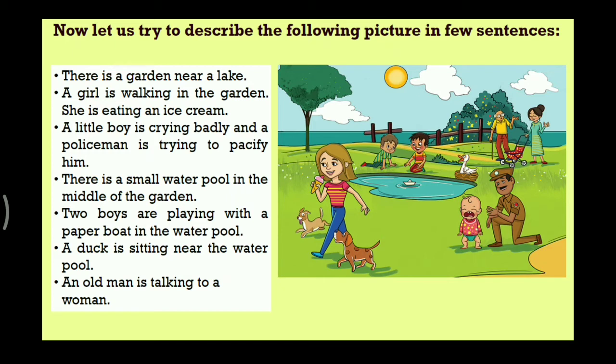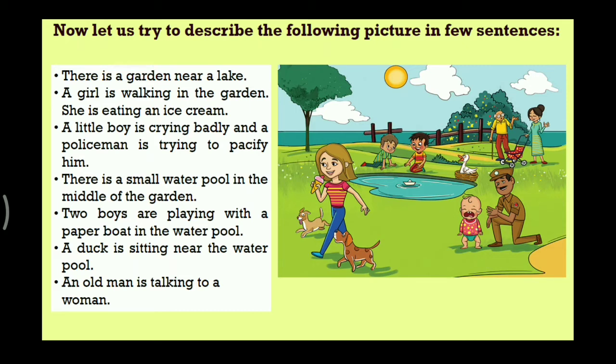And you can see two boys are playing with a paper boat in the water pool. And a duck is sitting near the water pool. Duck is very cute, right? So, an old man is talking to a woman. So, dear students, this is the description of the given picture.